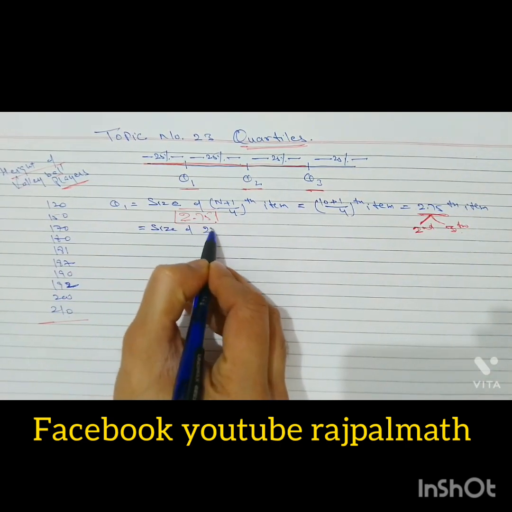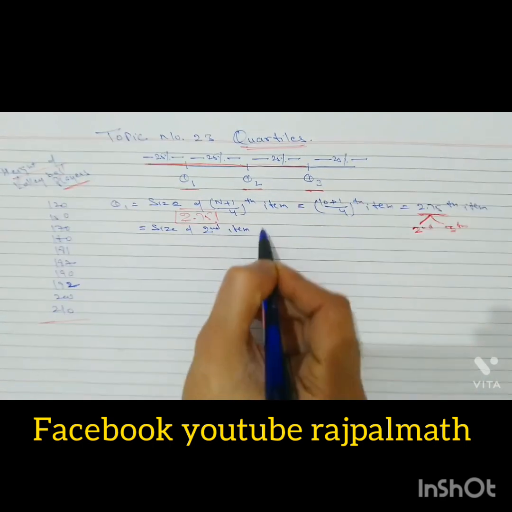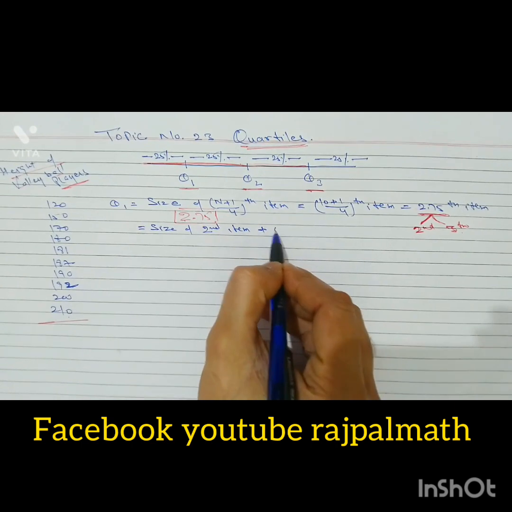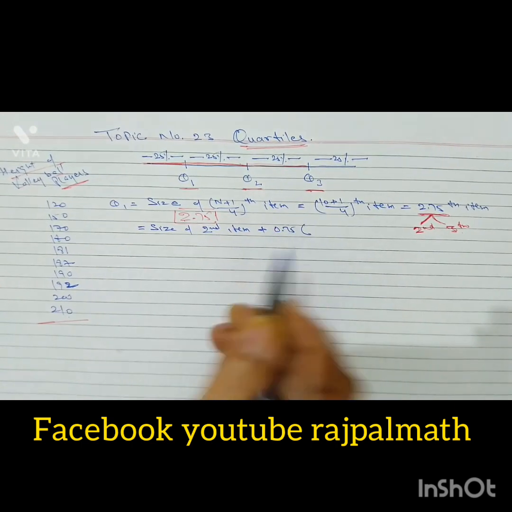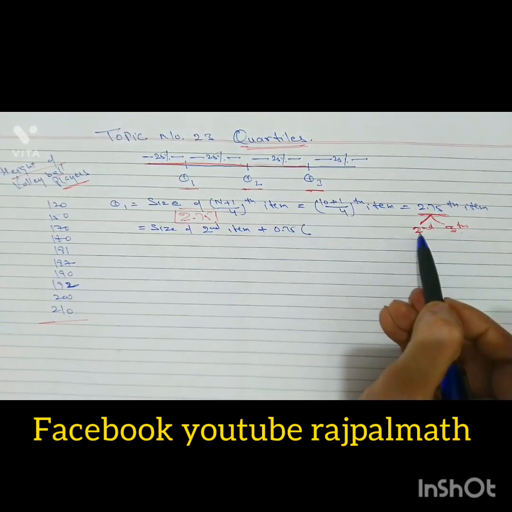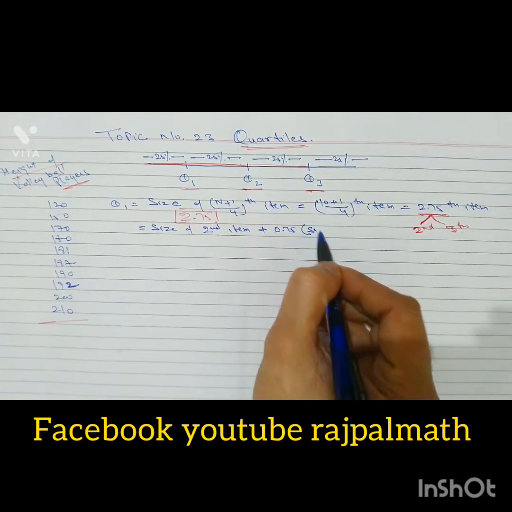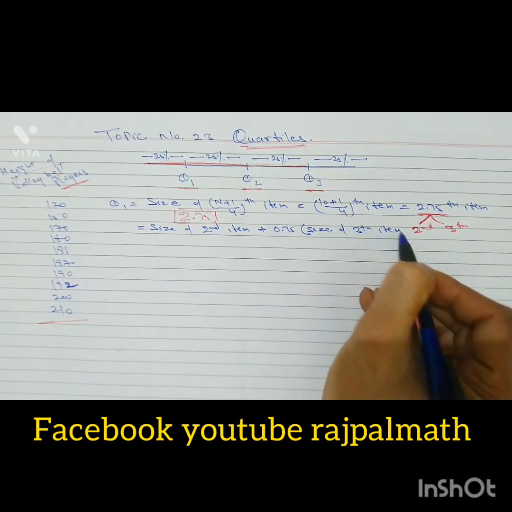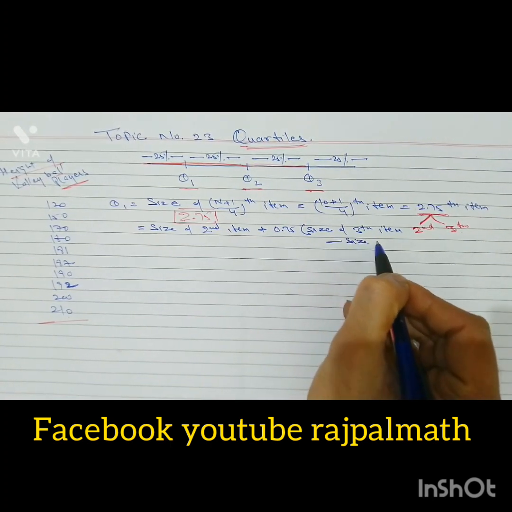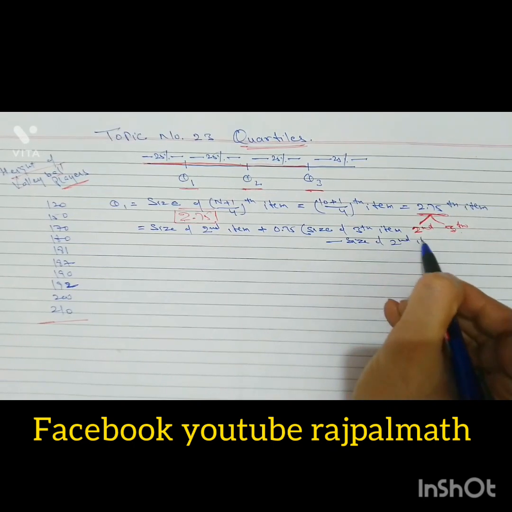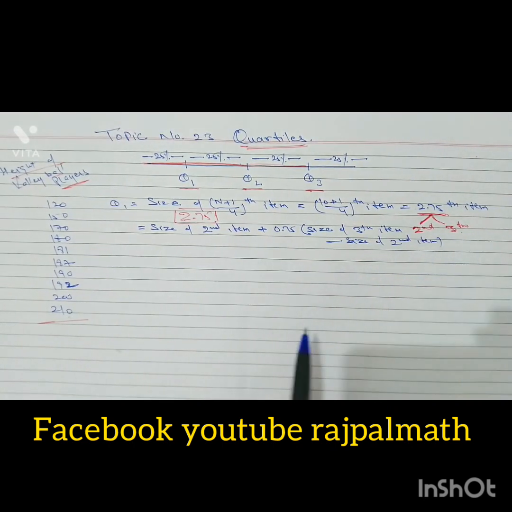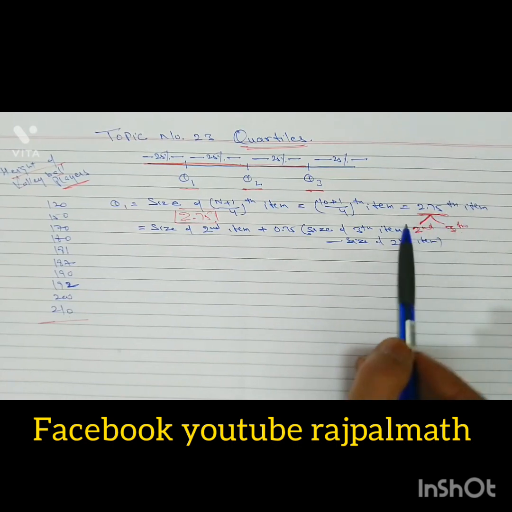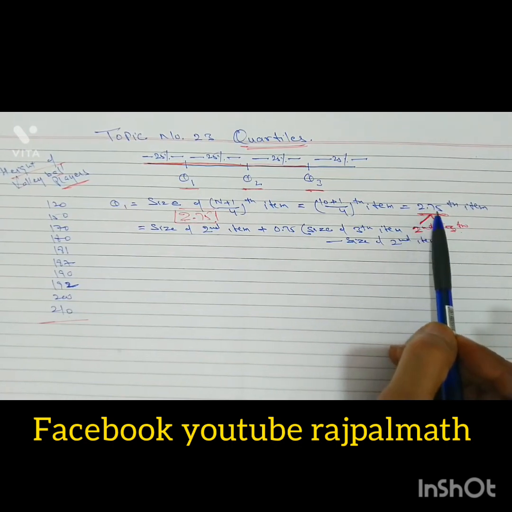Clear? Size of the 2.75th item means size of second item plus 0.75 into size of third item minus size of second item.